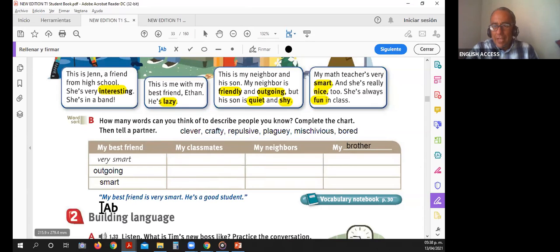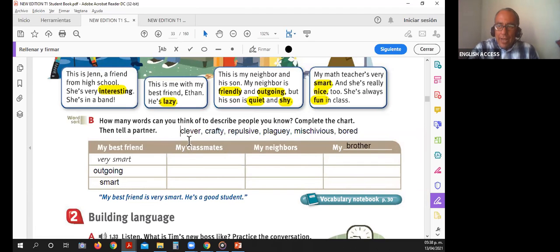You can say this. My classmate, let me use first the example. It says, my best friend is very smart. He's a good student. I can say, my best friend is outgoing. He likes to go out. Le gusta salir. My best friend is smart is here.